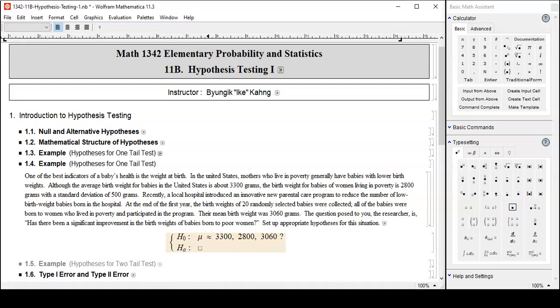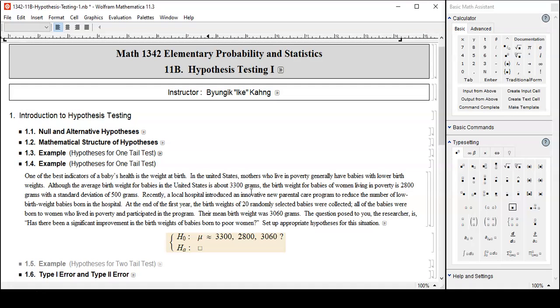Which is it? I don't think there is anybody who would get confused with 500 grams or 20 among all these numbers, so I remove those. 500 grams, that's a standard deviation, so that's not what we are interested in for now. And 20 randomly selected babies, that's a sample size, so that's not associated to the mean.